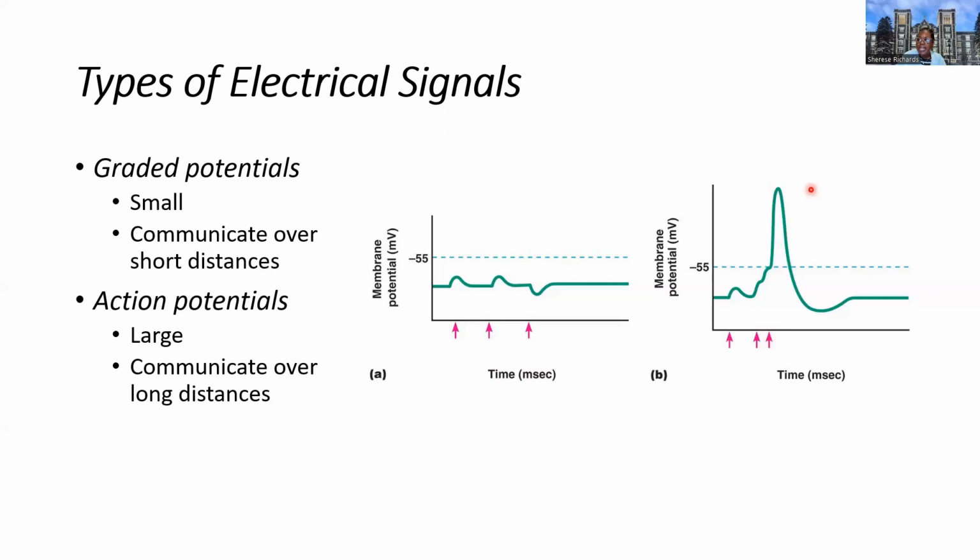So this is a more meaningful signal. The action potential, because it can communicate over long distances, and because it is a larger change in the membrane potential, can communicate from neurons to muscle and is essentially a major route of signaling between excitable cells.